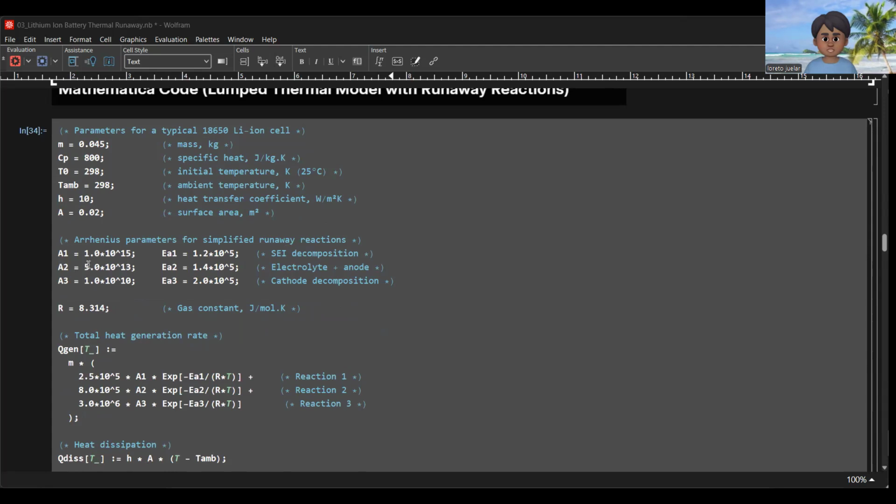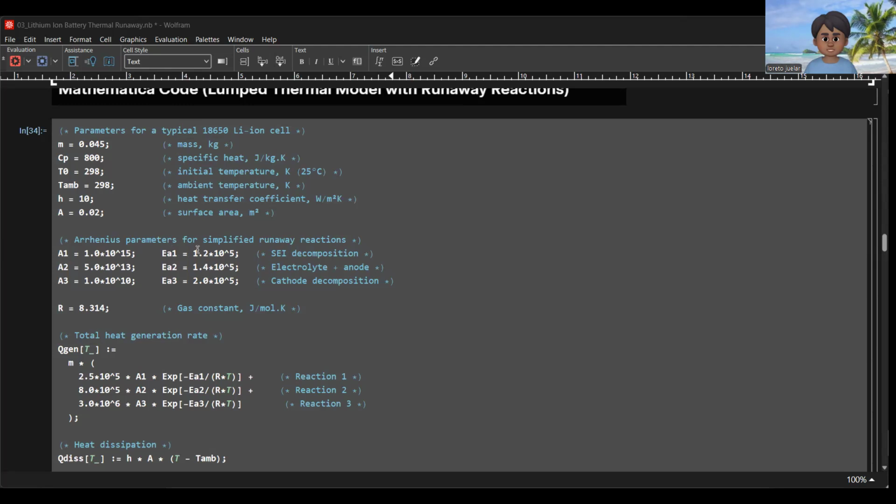So we have this exponential factor here. Then we have the activation energy here. So E sub 1 is 1.2 times 10 to the 5th, and this is for the solid electrolyte interface decomposition.